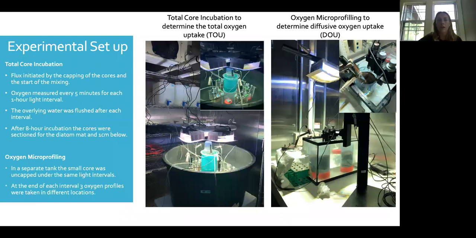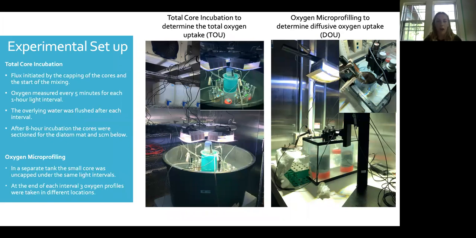And then, to get oxygen levels between the 2 different experiments, they were both done simultaneously. The total oxygen incubation was done in the large black tank, and it was started by capping the cores in the dark, basically minimizing any oxygen bubbles that were in the top of the caps.